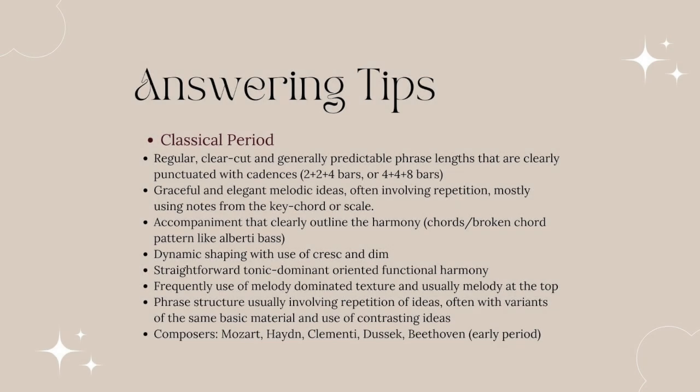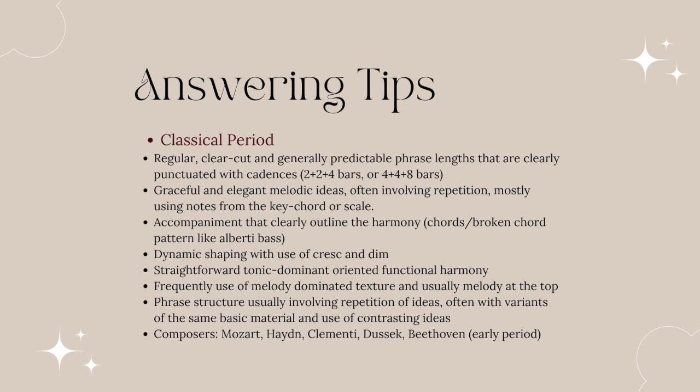For the Classical period, it has regular, clear-cut, and generally predictable phrase lengths that are clearly punctuated with cadences, such as 2 + 2 + 4 bars or 4 + 4 + 8 bars. Graceful and elegant melodic ideas, often involving repetition, mostly using notes from the key chord or scale. The accompaniment clearly outlines the harmony, such as using chords or broken chord patterns like Alberti bass.